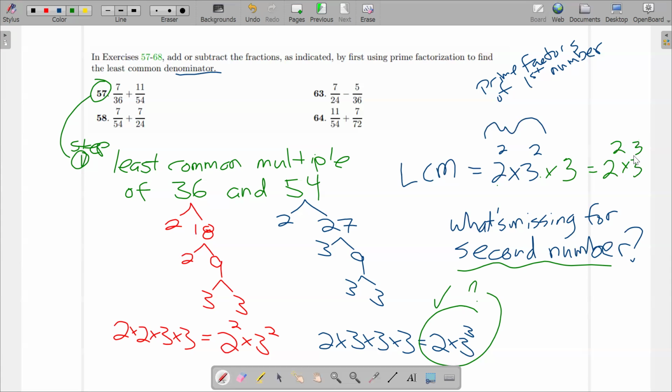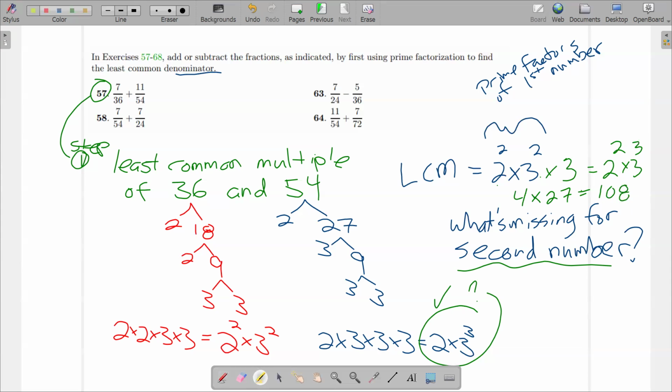And if I multiply all of that out, 2 times 2 is 4, 2 times 3 times 3 is 27. Oh, I need a calculator for this one. Let's see, 4 times 27 is 108.